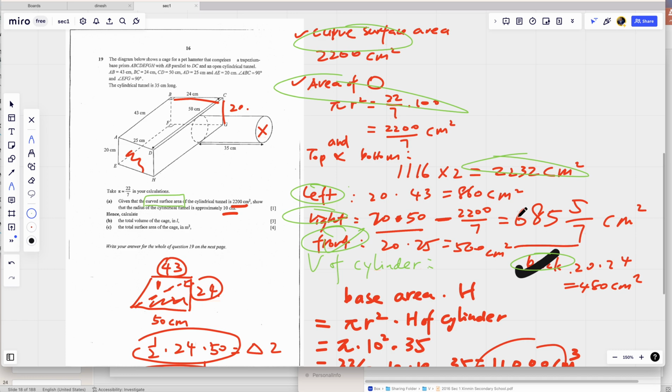Okay. 50 or 40 something? 40 something. 46. Okay? Yeah. So that's how you get the angle bisector.